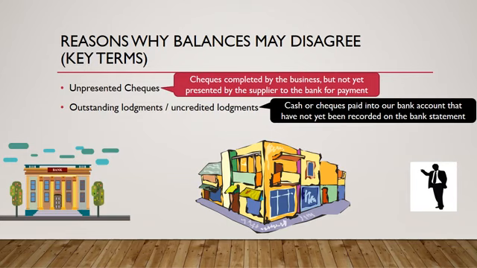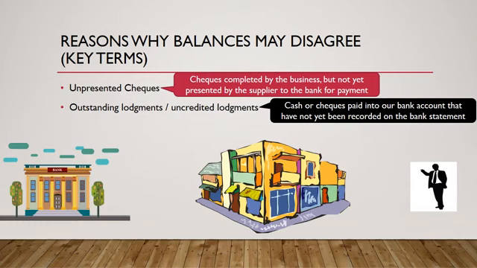So the business receives the check, the business submits the check to the bank, the bank does not process the check on time. So what I'm trying to say is the bank may have a work overload to the extent that they may process your check after a week or some days.